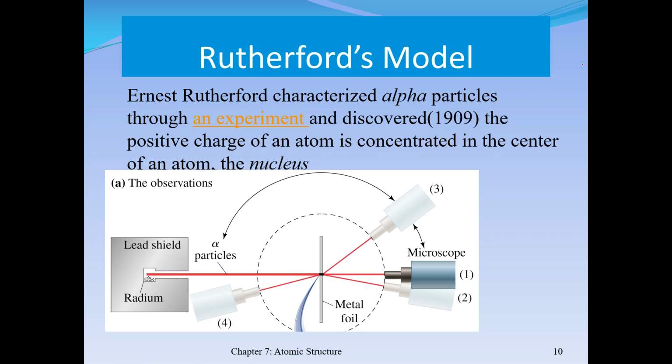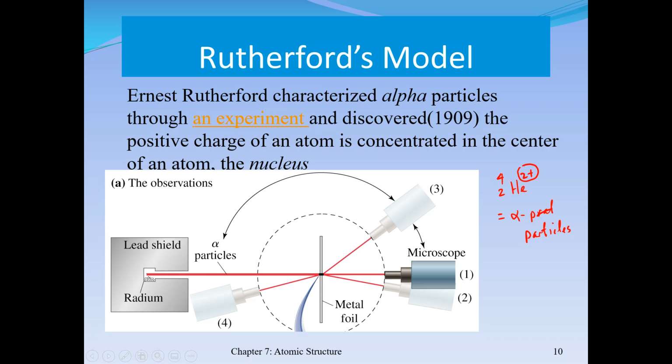And alpha particles, by the way, are the same as helium-4 nuclei. As such, alpha particles are obviously positively charged, and they are allowed to shoot from inside this lead shield along a straight line to hit the gold foil, right?